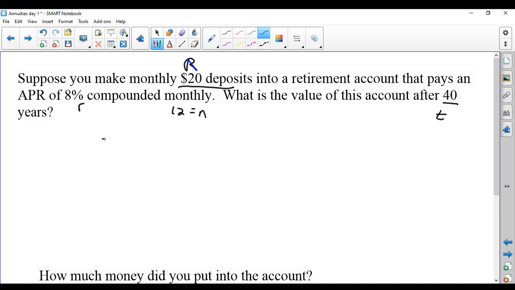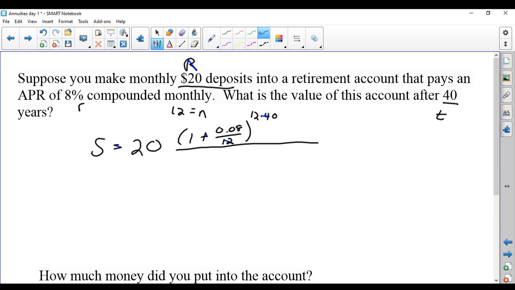So I'm going to take my future value, which is my monthly deposit times 1 plus our rate over 12 raised to the nt, so 12 times 40, minus 1 in the numerator, and then the denominator is again r over n.